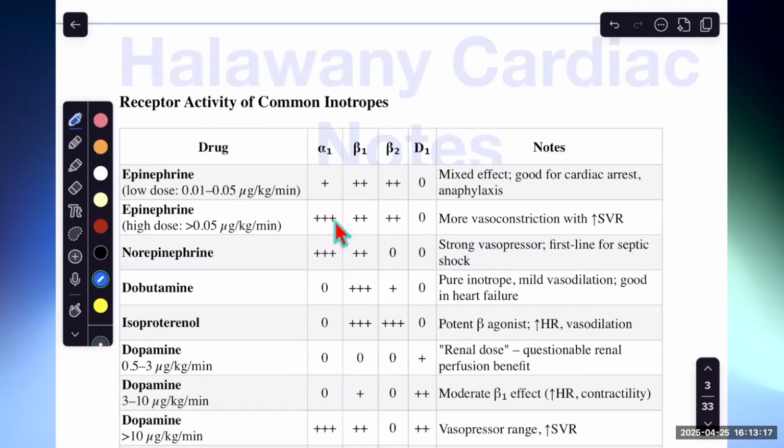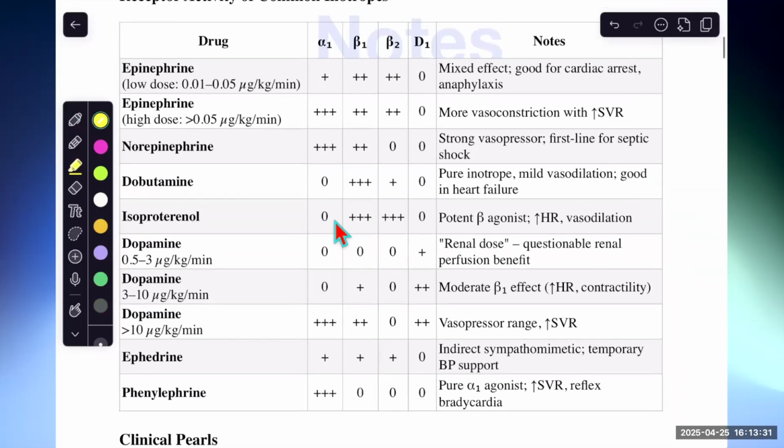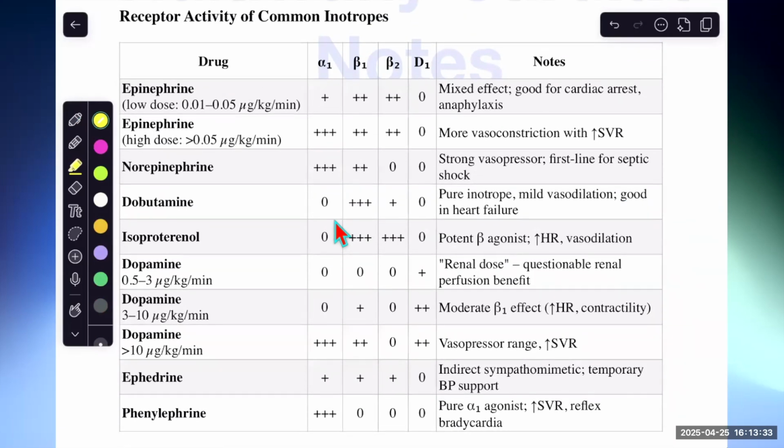Now I have this table for you to go rapidly through different types of inotropes. I arranged it so that this one here is the most common we are using. Number one is epinephrine. We can use it in low doses, 0.01 up to 0.05 mcg per kg per minute.